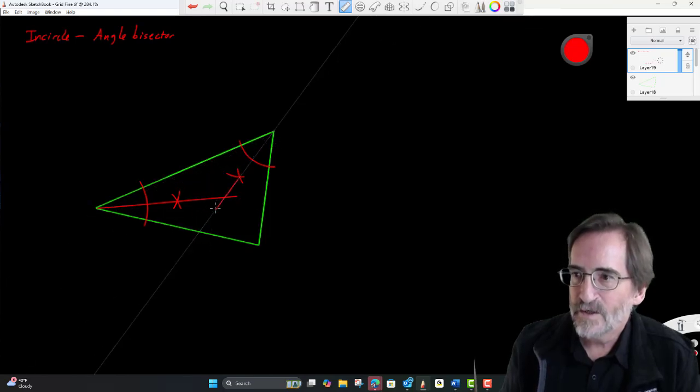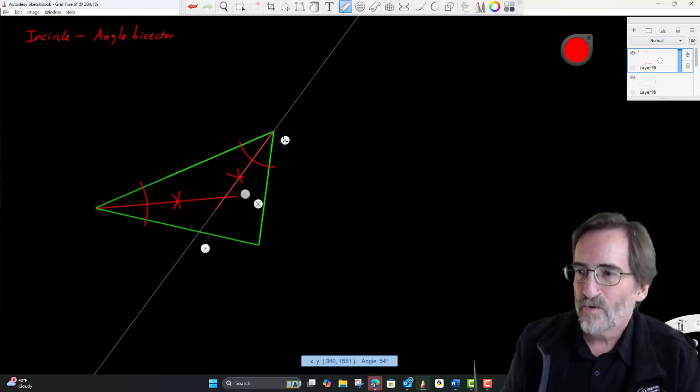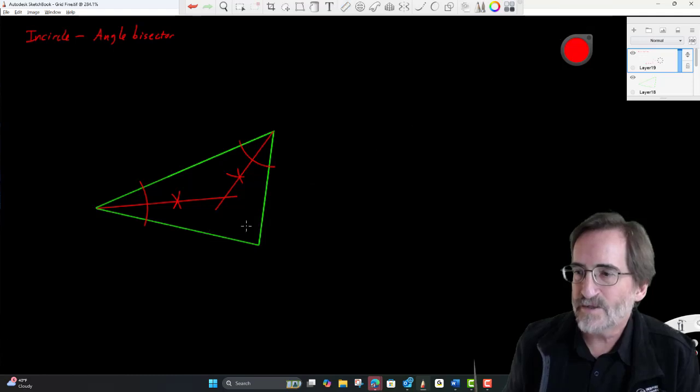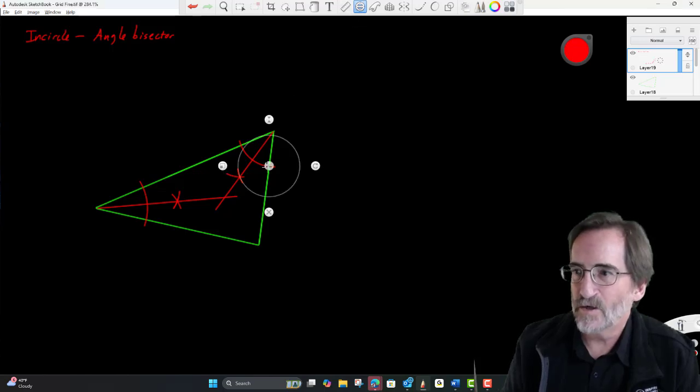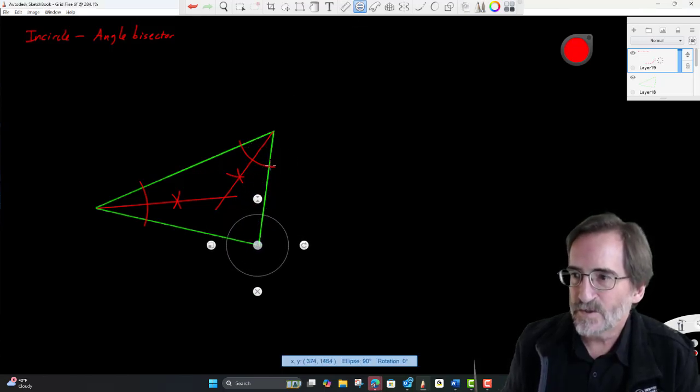It's always interesting to see how close we actually get. These three angle bisectors should meet at one point. The word for that is concurrent. They should be concurrent. They should intersect at the same point. So again, I'm going to shrink this down a little bit.